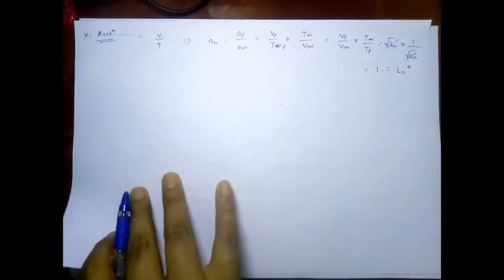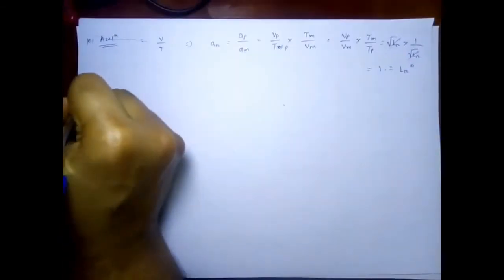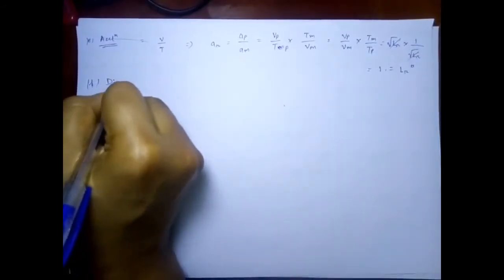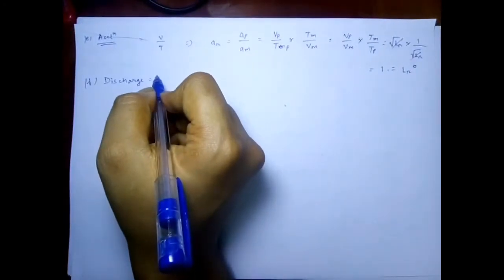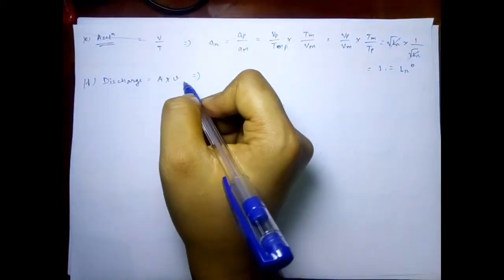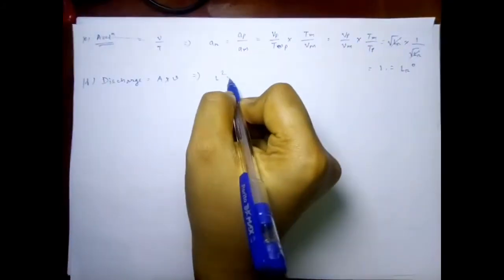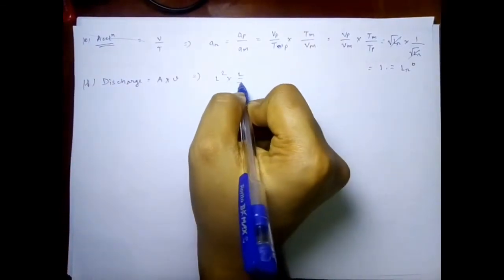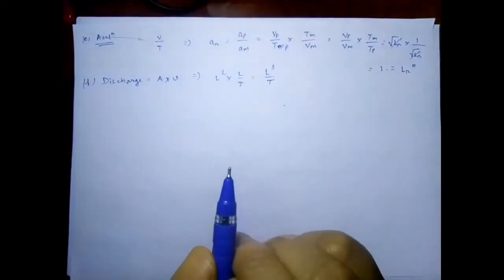Next, after acceleration we have discharge. Discharge is actually area times velocity, right? Area is L square and velocity is L upon T, so it will be L cube upon T. This is our discharge.